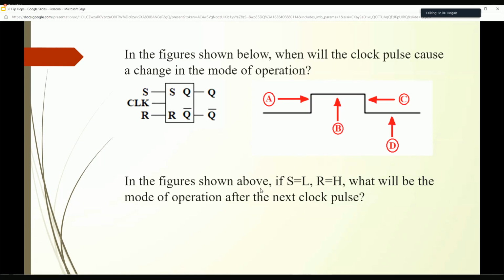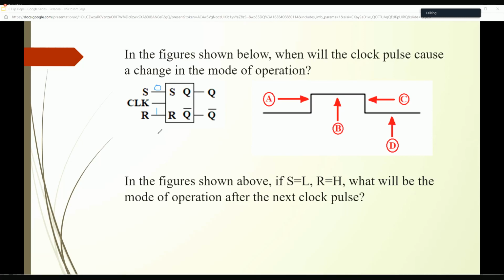The figure shown above, if S is low, so let's just do this so we can keep it straight. S is low, so 0. R is high, so 1. So which input is active, S or R?